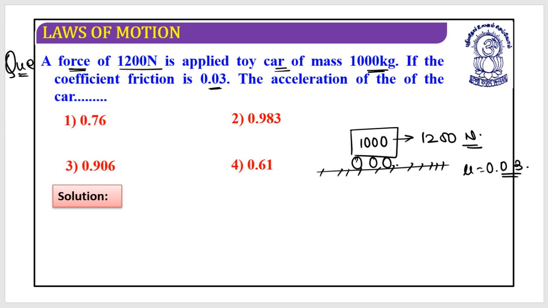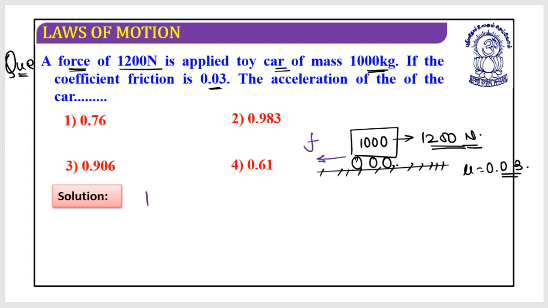How should I do this? What could be done? Let's have the value. This is the 1200 Newton force, and this would be the direction of friction, because I have assumed that my object is moving in the positive x direction.